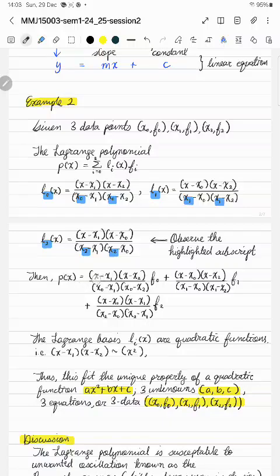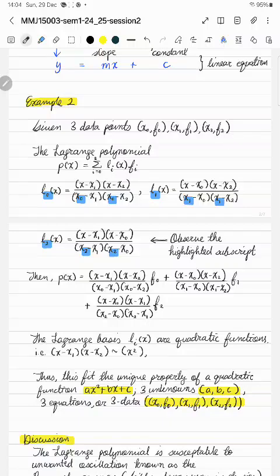And the numerator, if you observe them carefully, is actually a quadratic function. So you have x multiplied by x. If you expand them, it will be x squared. So again, 3 data points, quadratic equation.